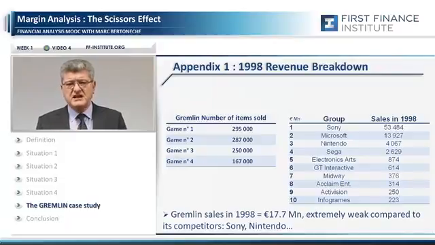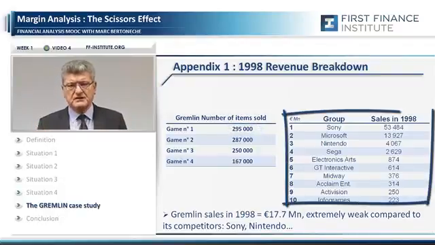Exhibit 1 of the case is also providing some strong explanation. The company has good products, but selling 295,000 units of a product is very small compared with some of the players in this industry, which sell millions of units of some of their key products.